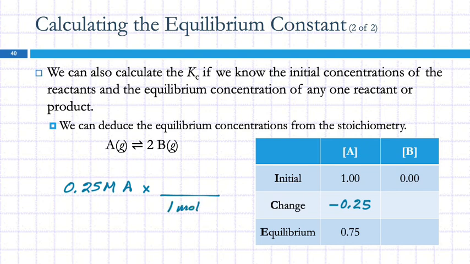There's 1 mole of A for every 2 moles of B. Because this molarity here, that's moles of A per liter. So if you find yourself mixing these up, just use a little mole ratio there. So the change in B will be plus 0.5. And then we can look at the initial and the change and say, well, the equilibrium concentration is 0.5.